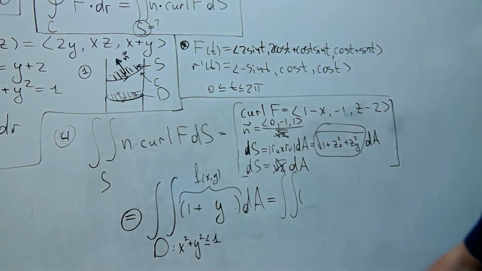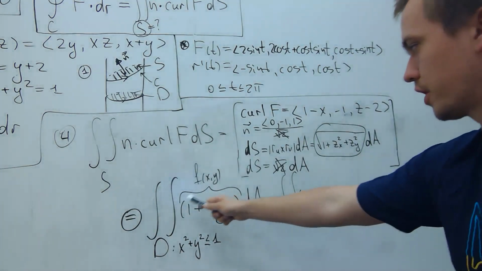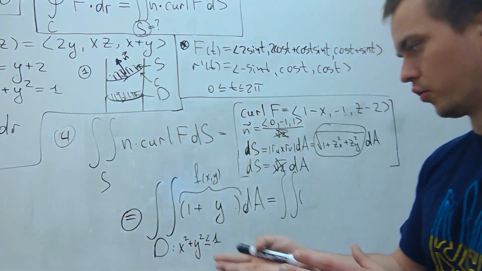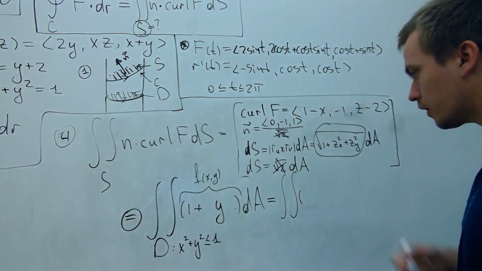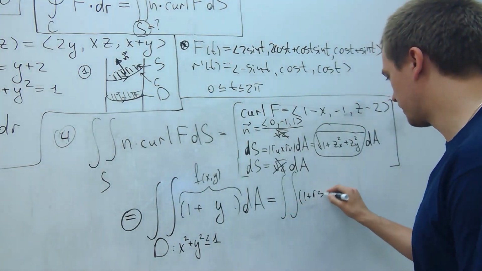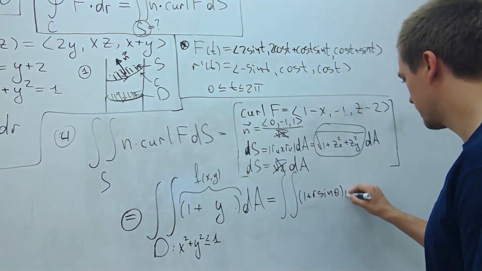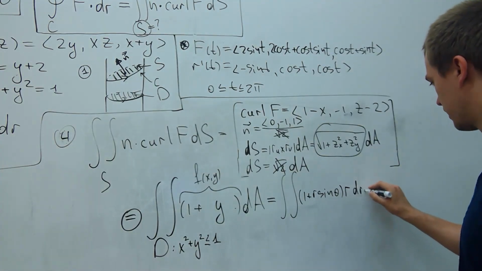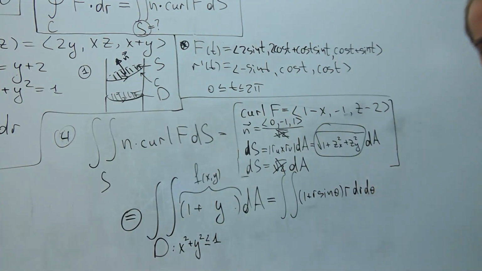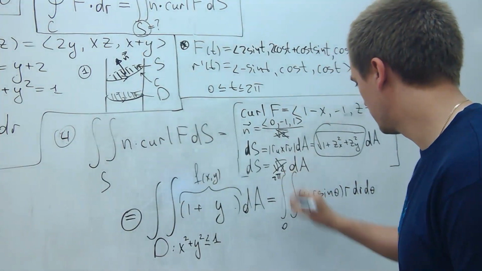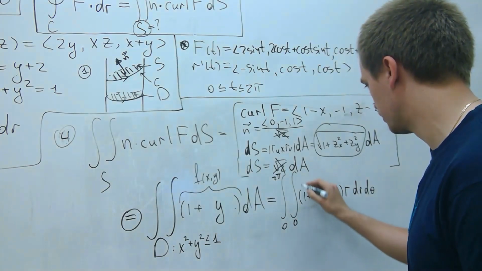So every time when you have an integral over the plane, make sure that you have your integral in terms of components of your region in the plane. So I have 1 plus r sine theta, because it's polar coordinates, times r. And here I have dr d theta. And theta changes from 0 to 2 pi. R changes from 0 to 1.